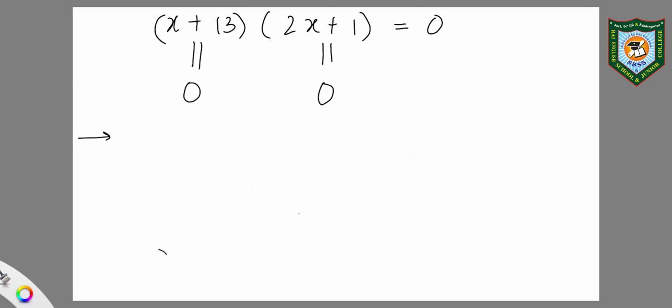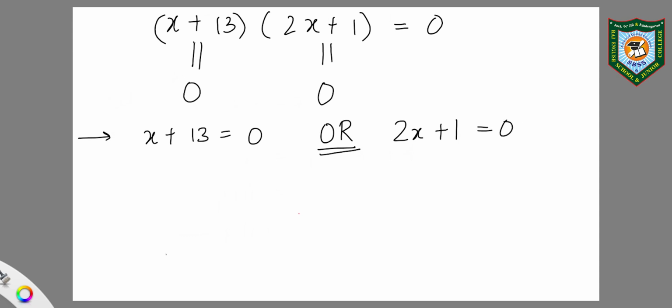So how I solve this, I'll write x plus 13 is equal to 0, or 2x plus 1 is equal to 0. Now, if x plus 13 is equal to 0, that means x is equal to minus 13, or 2x is equal to minus 1, as 1 goes to the right hand side and becomes minus 1.